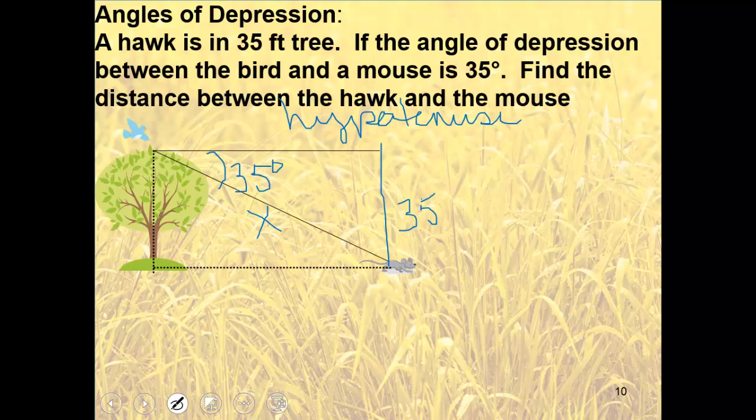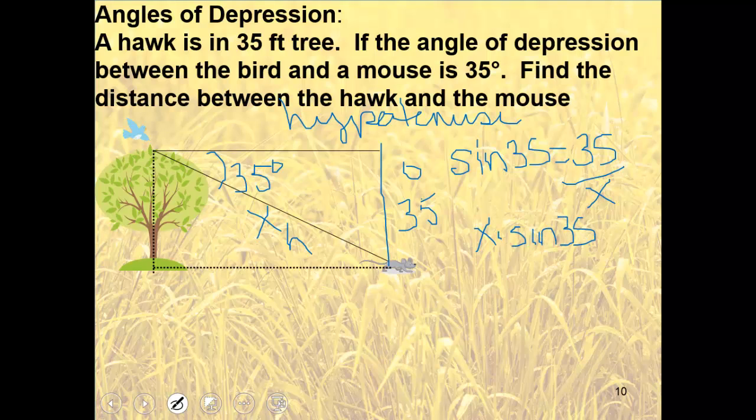So which trig function would we use for that? Well, this is an opposite, and this is a hypotenuse. So I'm going to use sine. Sine of 35 degrees is equal to 35, my side opposite, over my hypotenuse, which is x. I'm going to solve for x, which means I multiply both sides by x, and then divide both sides by the sine of 35.